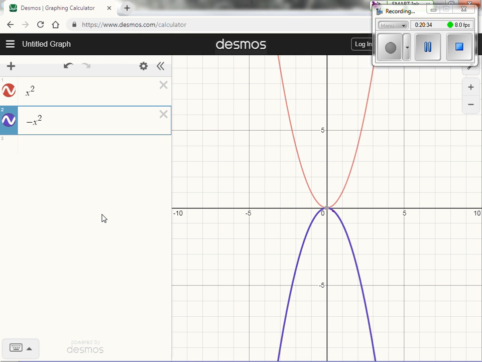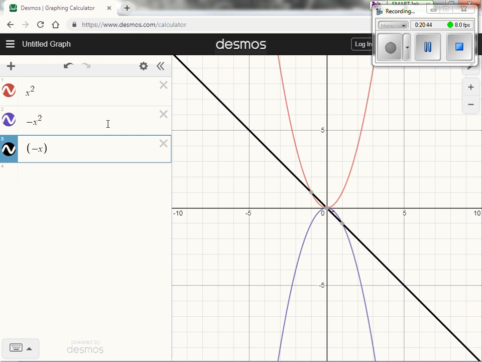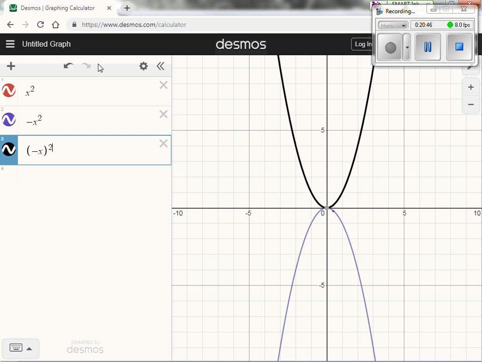Now, I said the reflection across the y-axis won't be too visible on a quadratic here, if we do it inside. The red color just changes colors, doesn't it?